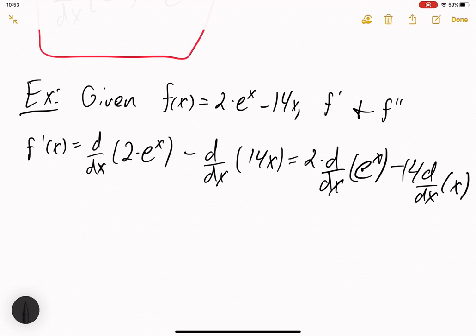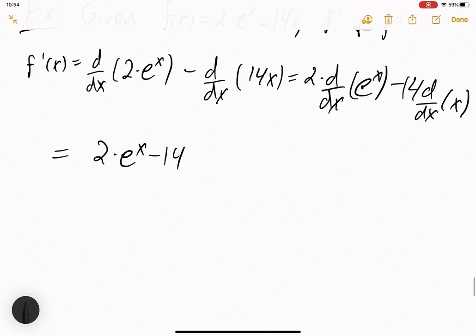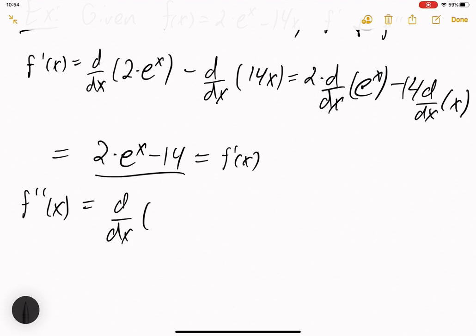Okay, hopefully that's not too messy. That will just be equal to 2 times e to the x minus 14. So that'll be equal to f prime of x. And then lastly, you have to do f double prime of x, which is going to be equal to d/dx of, now we're going to take a derivative of f prime of x.